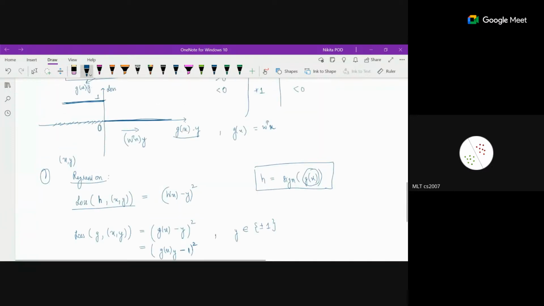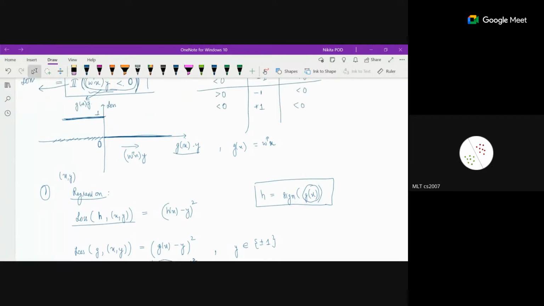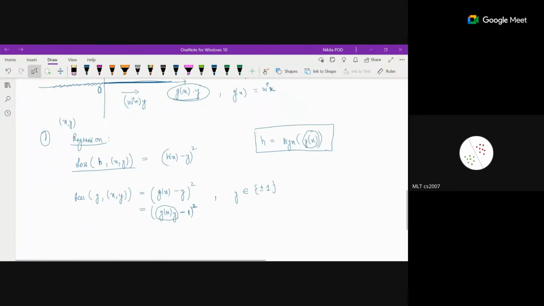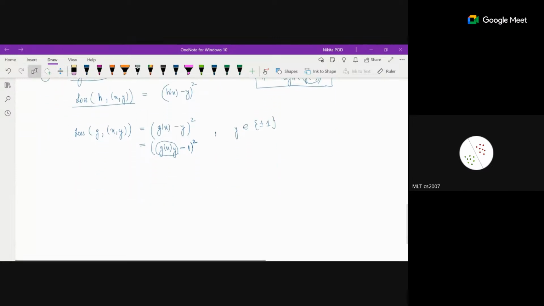Somehow we are trying to bring this to g of x times y, because when we plotted the 0 1 loss for the classification problem, we were plotting loss versus g of x times y. So we'll try to come to this common notation. We'll see why they are both equivalent.